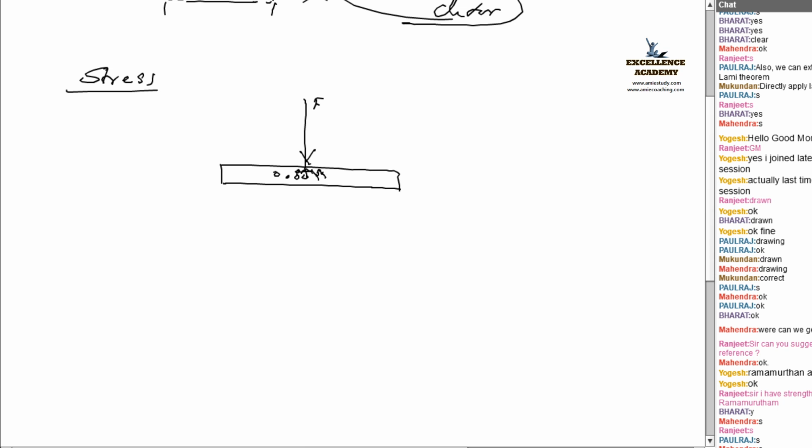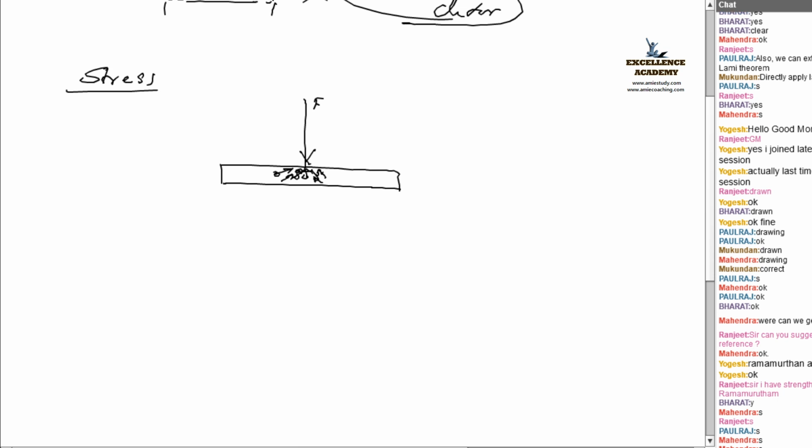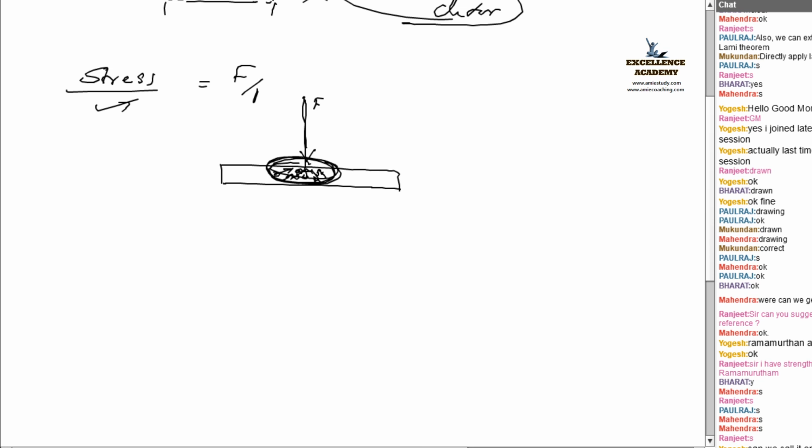That is a reaction force. That resistance force per unit area, when an external force is acting, is called stress. Clear? In short, we can write it as F by A.